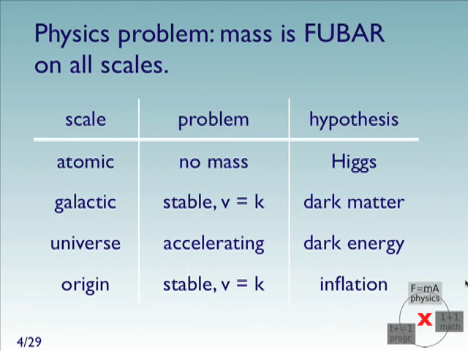Well, there's another big physics problem, and that is mass. And I say it is FUBAR, which stands for fouled up beyond all recognition at all scales. Because if you look at the atomic level, that would be the standard model, and the standard model works perfectly so long as no object has any mass.